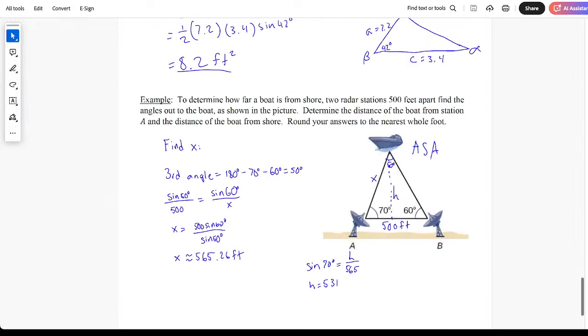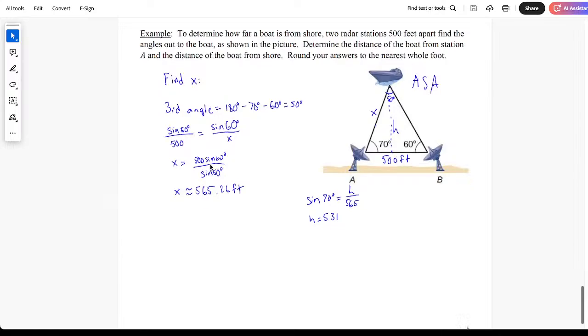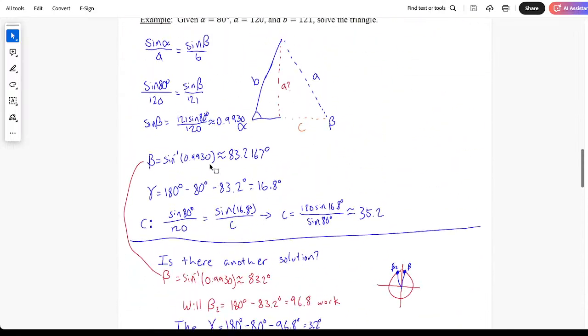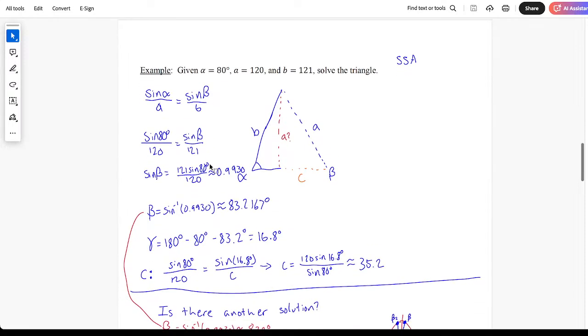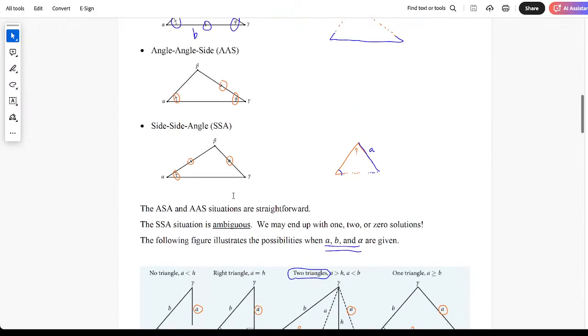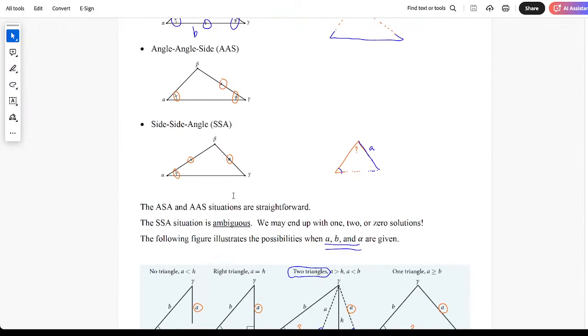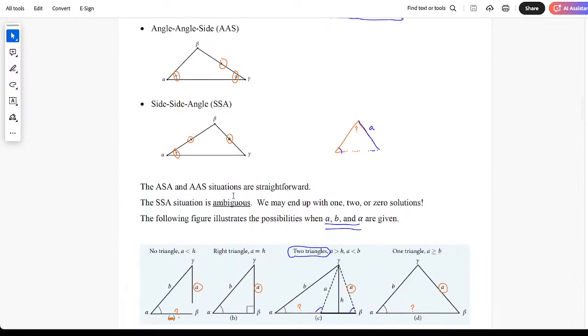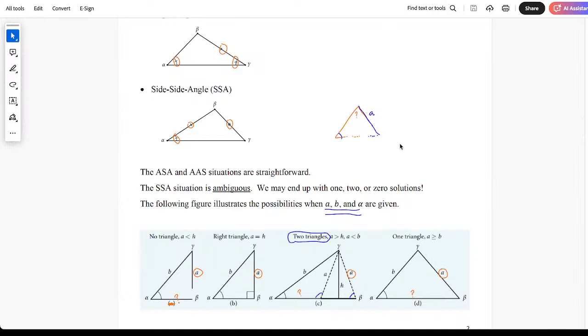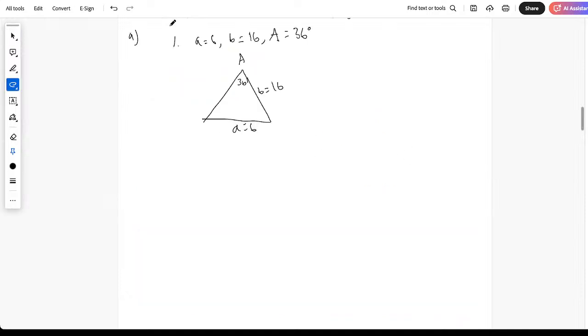And so let me go to my notes here. I have notes for the ambiguous cases. It's a little confusing. Oh, that's how I'm supposed to draw it. Okay.